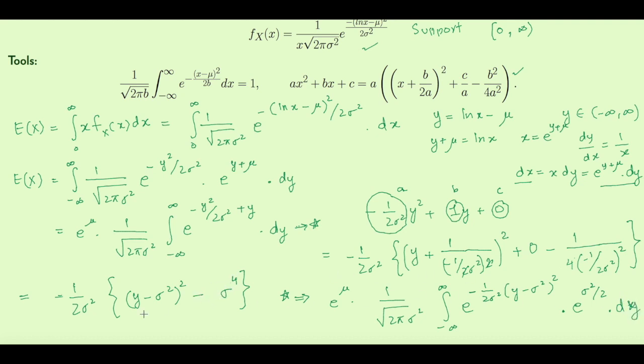This sigma to the 4 and this sigma squared will make it sigma squared. This minus and minus will become plus, and then this half is this half. So then I can do what?